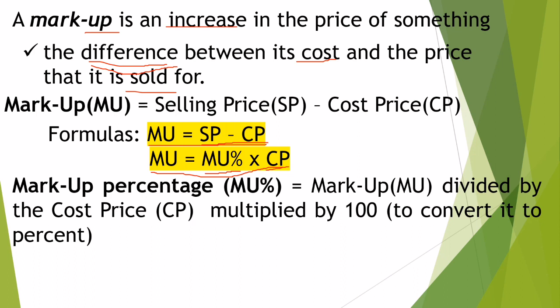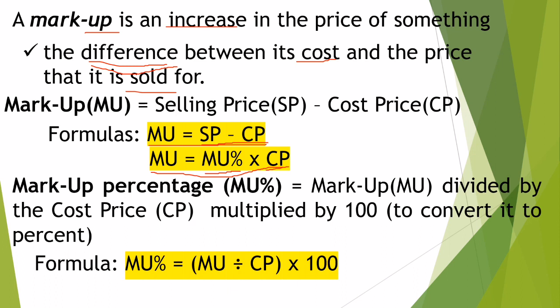So the formula for markup percentage, we have MU percent is equal to MU, or markup, divided by CP, or cost price, times 100. Next, we have also MU percentage is equal to SP, or selling price, minus CP, or cost price, divided by CP, or cost price.